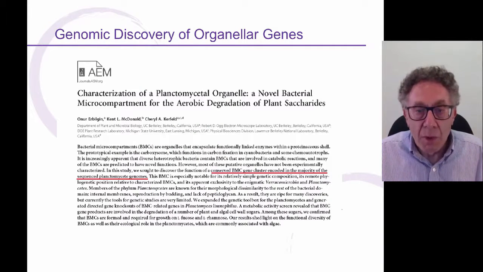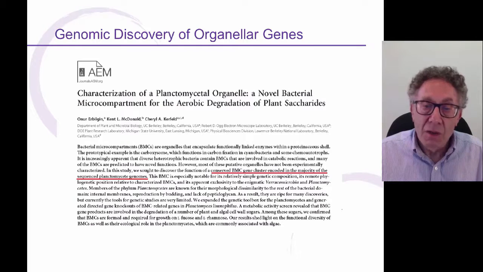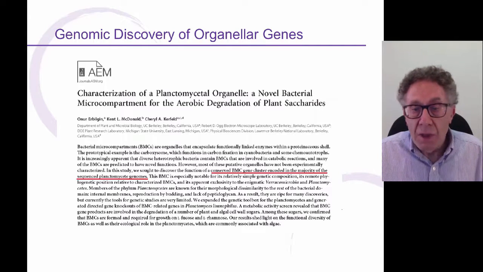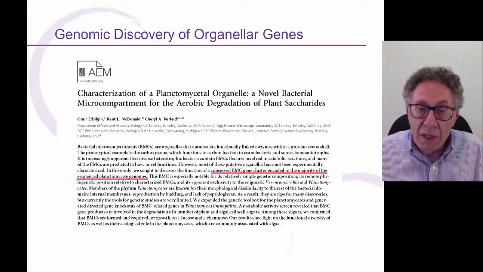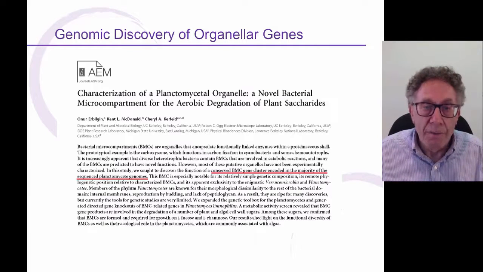Another beautiful example from Cheryl Kerfeld's lab at Berkeley, and this is more of a genomic story. By doing genomic analysis and looking at different genome sequences, they found that there was evidence of a conserved gene cluster throughout the family of Planktomycetes that appeared to be some sort of a bacterial microcompartment, or what we might call an organelle.